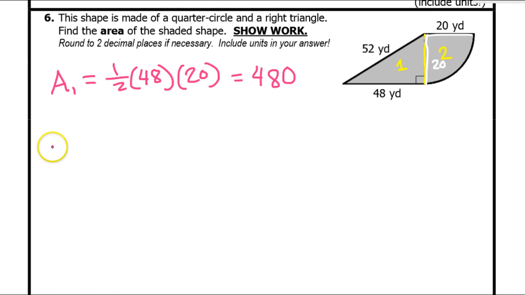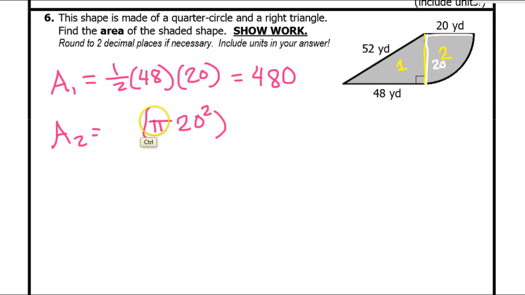Now, let's talk about area number 2. Area number 2 is a quarter of a circle. Let's talk about the area of a whole circle. Well, pi r squared is the formula for the area of a whole circle. So, first of all, I know what the radius is. The radius is 20. So that makes this pi 20 squared. However, that would be the area of an entire circle.